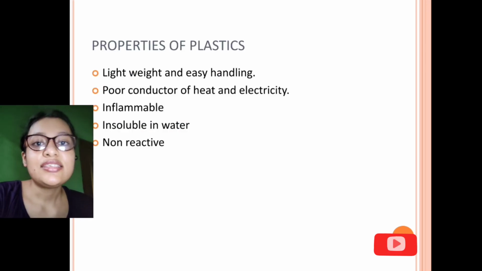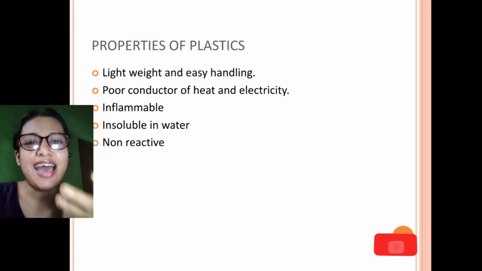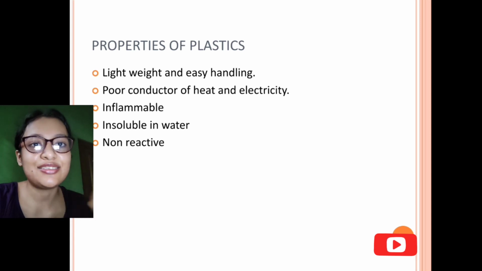Now let us know about the properties of plastics. These plastics are very lightweight and very easy to handle. Suppose you see the polythene which you use, it is very lightweight and easy to handle. Then our box made from plastic is also very lightweight and easy to handle.